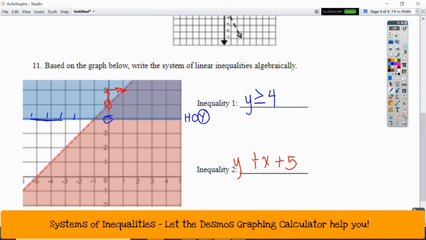And I have to pick my inequality symbol to fill in instead of that equals in y equals mx plus b, right? Is it y less than or y greater than? And so I can see that the shading is happening below that line. So that tells me it's a less than. Now, is it less than or equal to, or is it just less than? We have a dashed line, so just plain less than. And if you simplify that, y is less than x plus 5 because that 1 over 1 can be our invisible coefficient. So here are the two inequalities that we would use to create that graph.